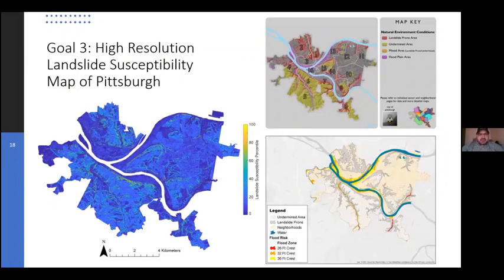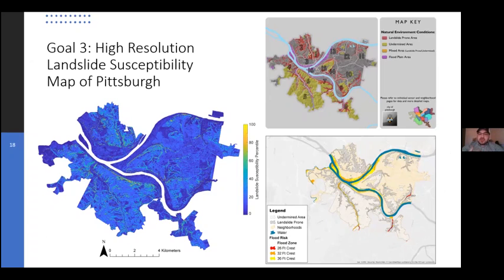And now the last goal is, can this data be used to create a high resolution landslide susceptibility map for Pittsburgh? So over to the left is what we've created using the combination of the 311 and the USGS data in creation of a landslide susceptibility map. Its AUC validation was around 0.82, which is fairly good. What we're seeing in this map is a little zoomed out, but you can zoom in on a lot of these areas.